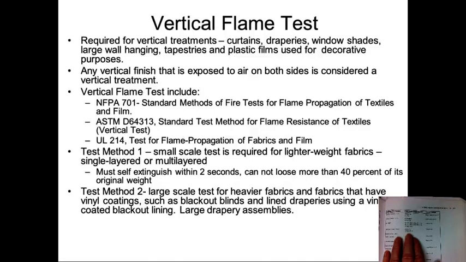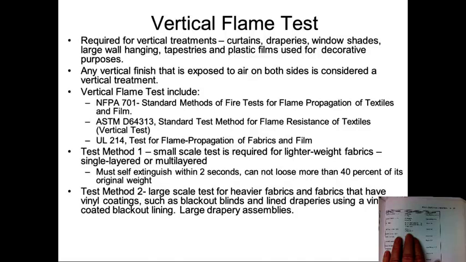And then I've added the UL 214 test for flame propagation of fabrics and films. So there's test method 1, which is a small-scale test, required for lighter weight fabrics like single layered or multi-layered. They must self-extinguish within 2 seconds and cannot lose more than 40% of their original weight.